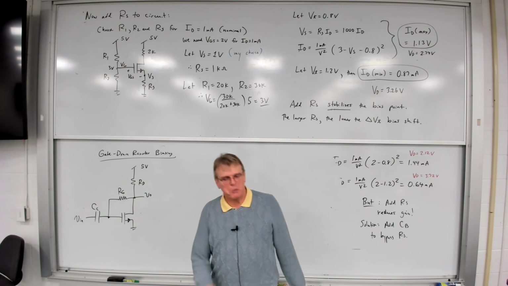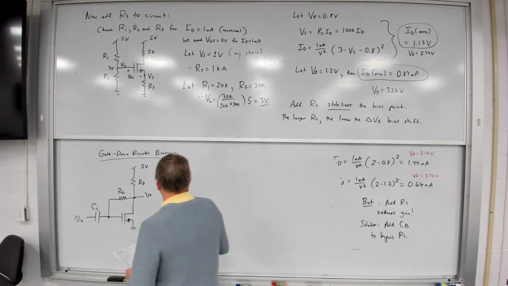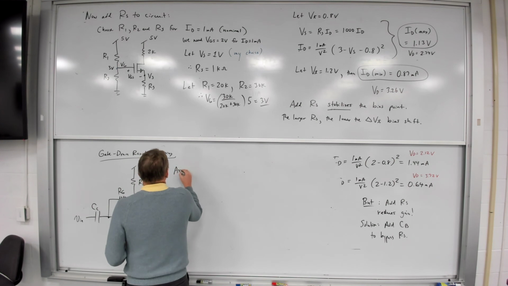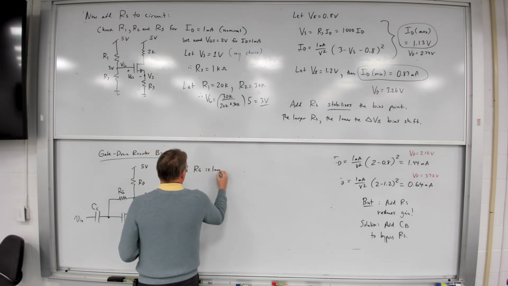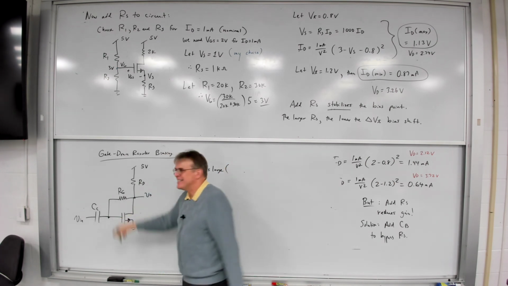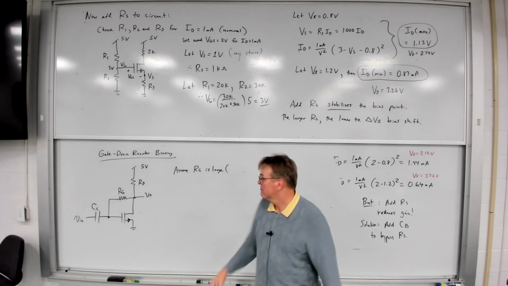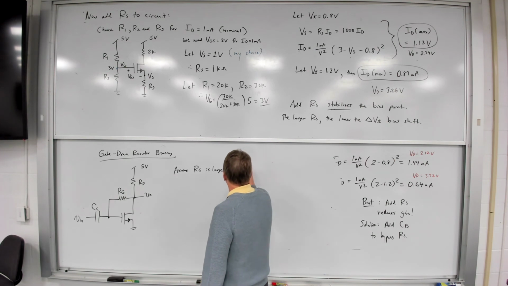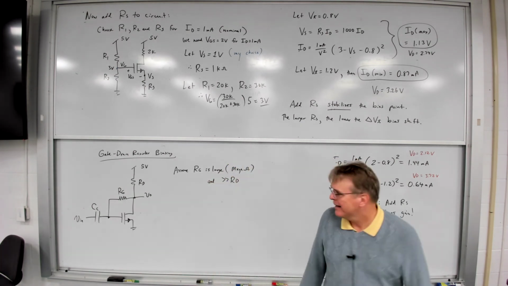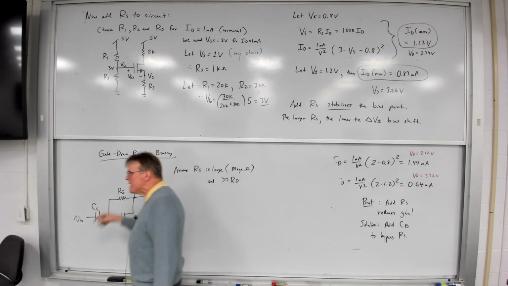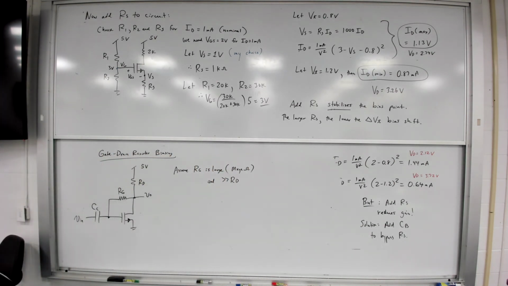But it turns out this circuit works surprisingly well. Let's assume RG is large. And by large, I mean typically in megaohms, and certainly much, much greater than RD. So we're going to assume it's very big. But it turns out the fact that it's a very big resistance doesn't really have that bad of an effect.